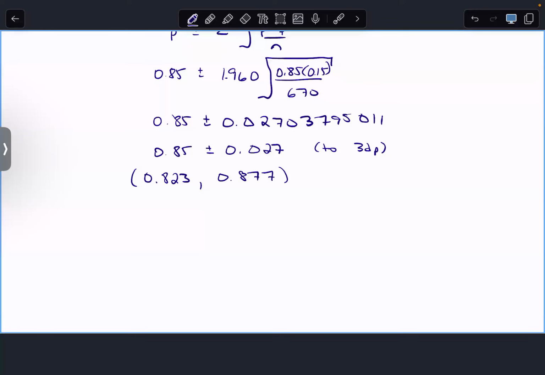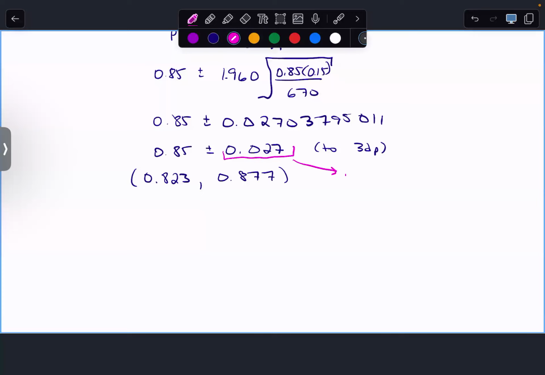One thing to note here is this has a margin of error of 0.027. If you were unhappy with that and you wanted it to be 0.02, for example, to have even more precise results, you would need to increase your sample size, right?